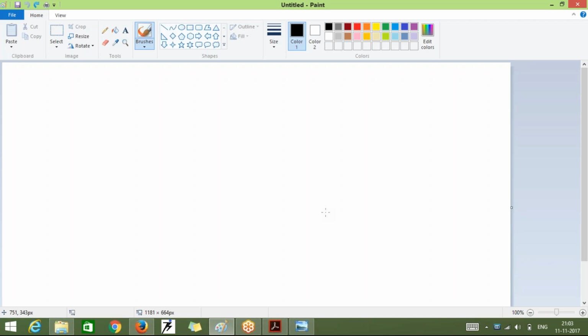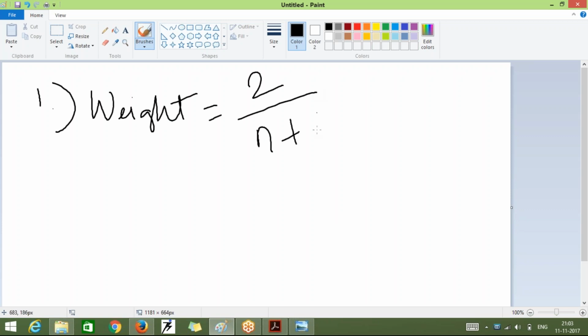Now coming to the weight factor which I mentioned: what exactly is the weight factor, and what is the logic behind it? As said, we are adding weight to the moving average. So what is that weight? The weight is calculated as weight equals 2 by n plus 1.